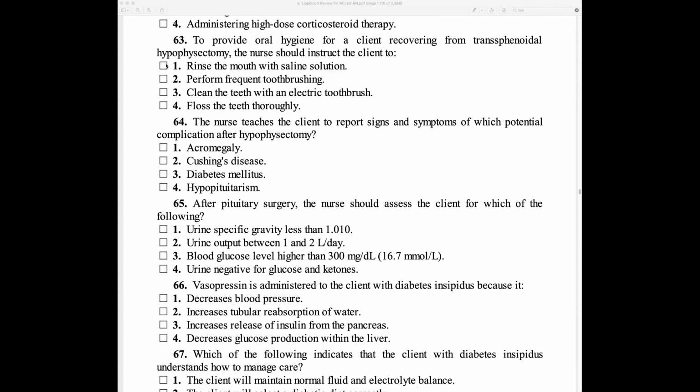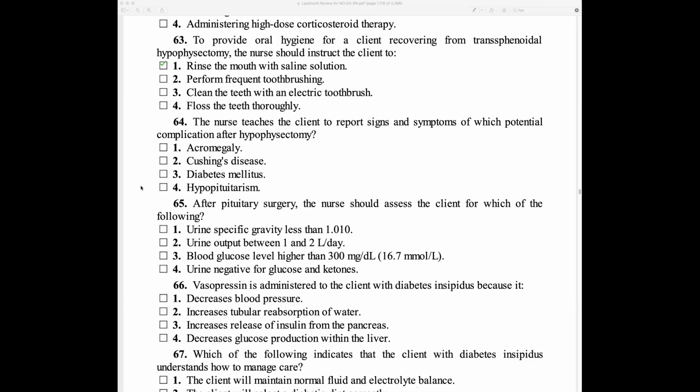Very good. The correct answer is to rinse the mouth with saline solution, because performing frequent toothbrushing, cleaning the teeth with an electric toothbrush, and flossing the teeth thoroughly would all increase ICP.